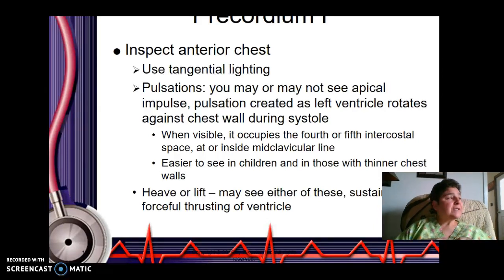So again, when we're inspecting using that tangential lighting that we've talked about, coming from the side, we're looking for pulsations. You might actually see lifting from the pulse over the chest wall, usually found in the 4th or 5th intercostal space at the midclavicular line. We're going to go over this a little bit more in class, but the intercostal spaces are the spaces between our ribs.